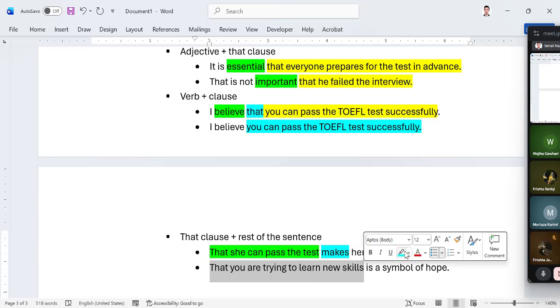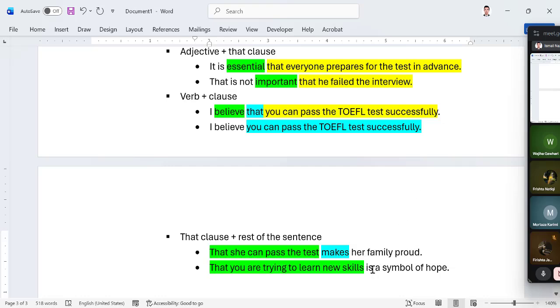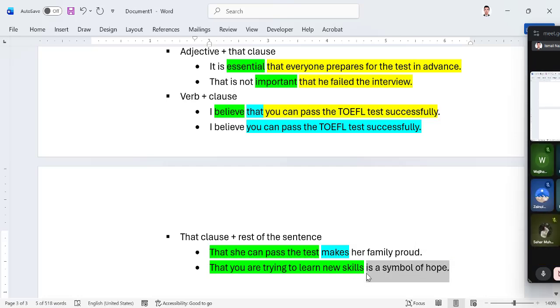This noun clause is functioning as the subject for our main clause here, by saying that it is a symbol of hope. What is a symbol of hope? That you're trying to learn new skills. So it works as the subject, and the noun clause itself has got its own subject and own verb. This is what we have.